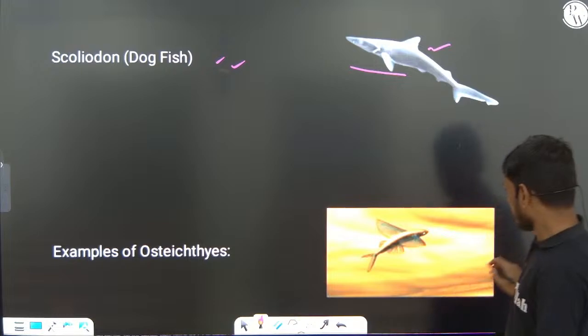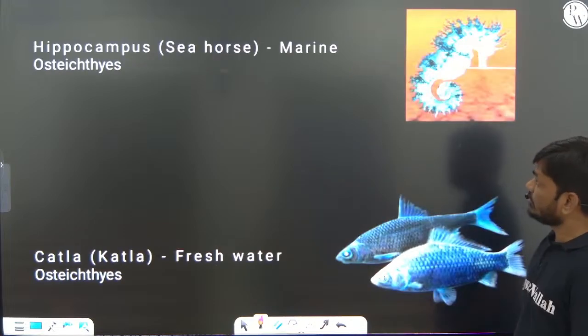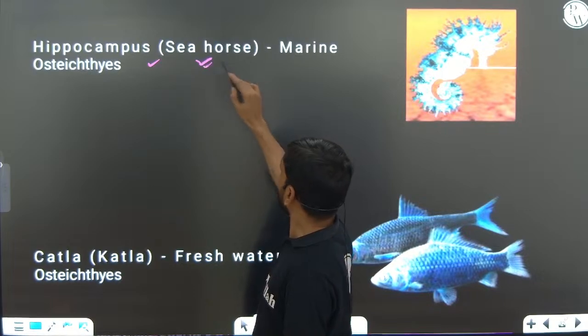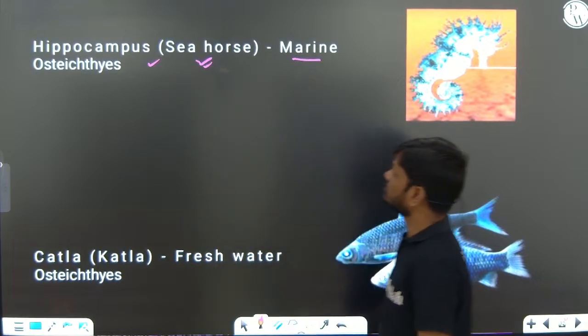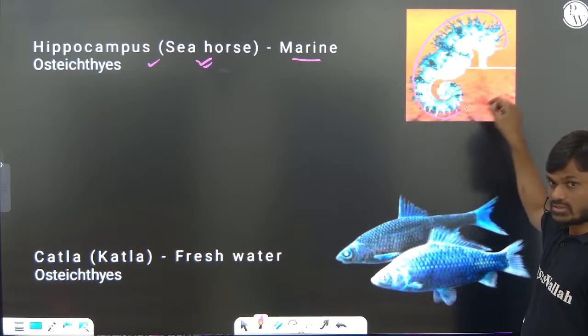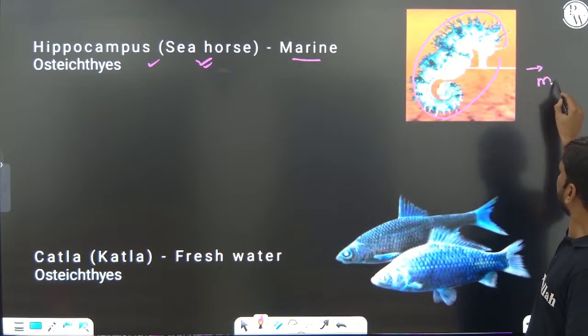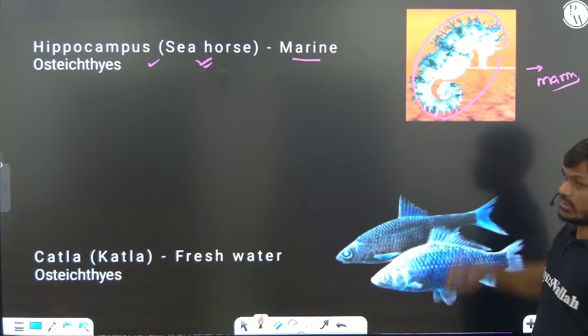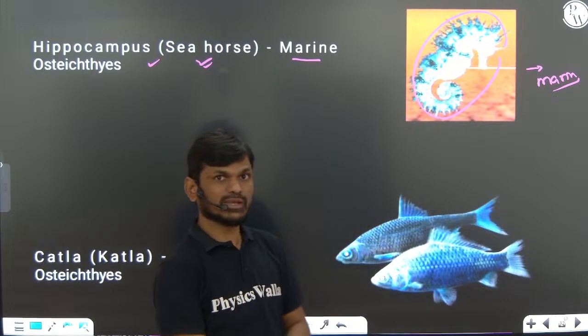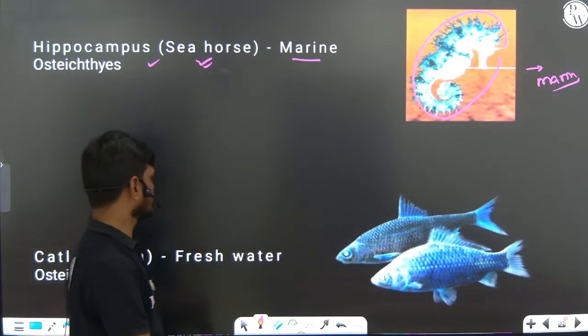So examples of Osteichthyes: Exocoetus and Hippocampus, commonly called seahorse, marine. This belongs to Osteichthyes but is present in marine water. One important character: the male can produce offspring. The male can give birth to the young ones.